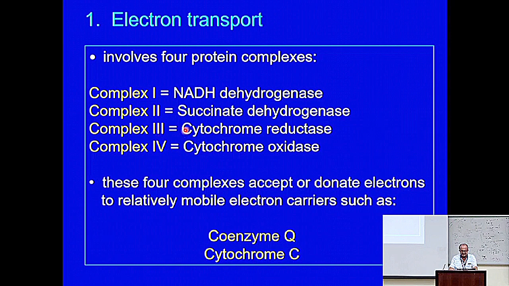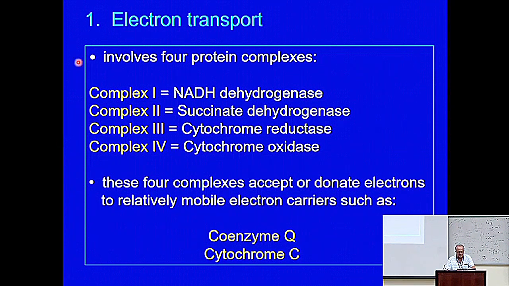Complex 3 has cytochrome C reductase, and complex 4 has cytochrome C oxidase. So these are the green structures in the previous slide. They are stationary. They don't move. They're fixed.